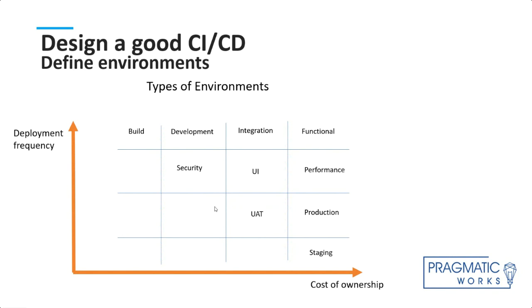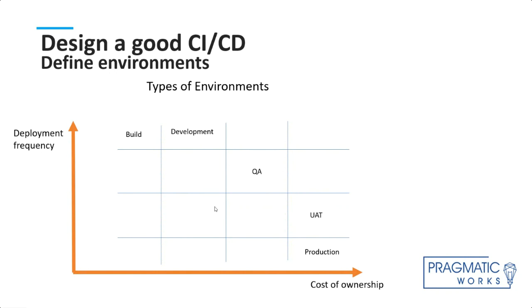So all these types of environments are using for running specific types of tests for a specific version of your application package. But sometimes customers and management doesn't have such big budget for keeping those environments in place.